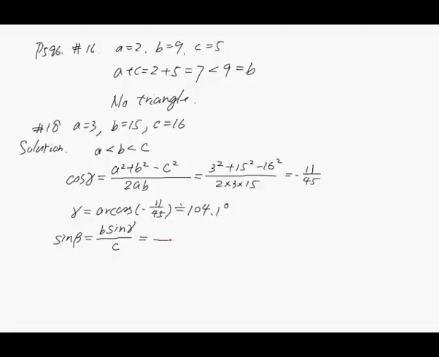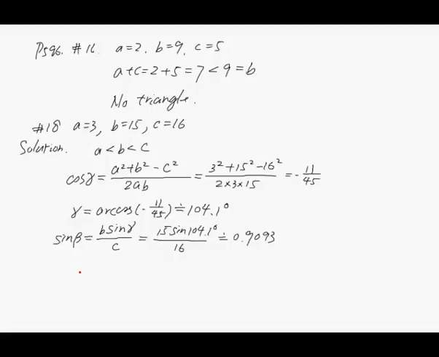And then we plug in all these knowns: 15 times sine 104.1 degrees over c, which is equal to 16. And this is approximately equal to 0.9093.